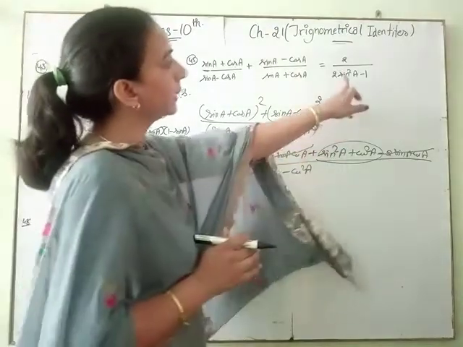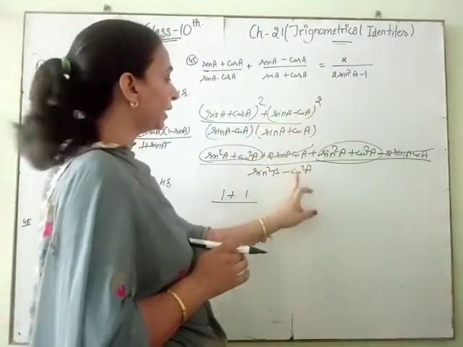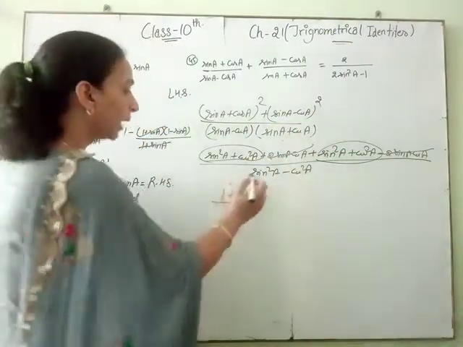But we need the result in the form of sine, so we change cos into the form of sine.